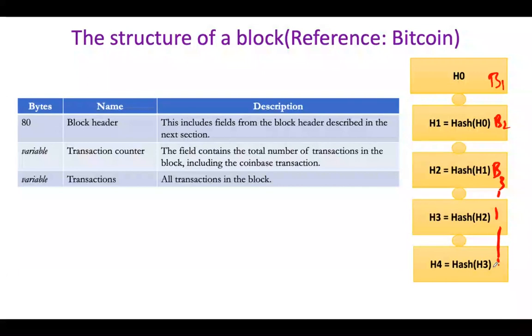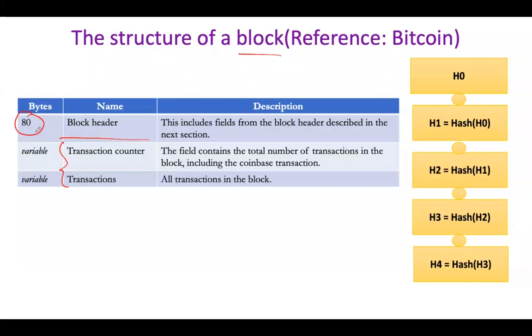So in this structure, if you see this structure, here you can find how many bytes this blockchain will use. As we said, for a block there will be two fields. One is the header field, another one is the transactional field. So the header field requires 80 bytes.